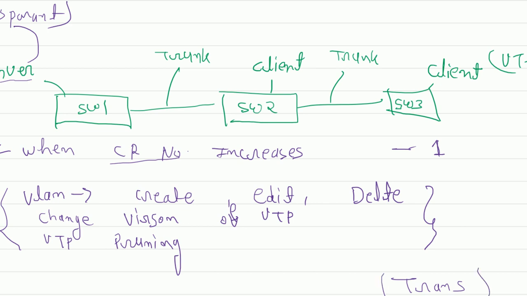Yes, we can still modify the switch according to our requirement, but that VLAN information will not be transmitted between any kind of modes. So this is the use of the VTP CR number and the mode of the VTP switches.